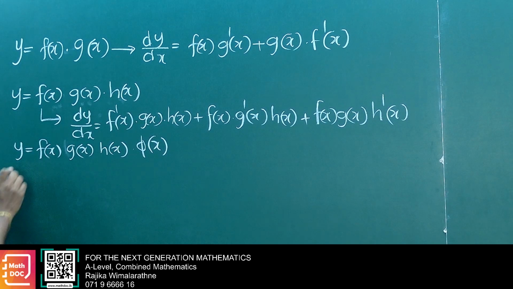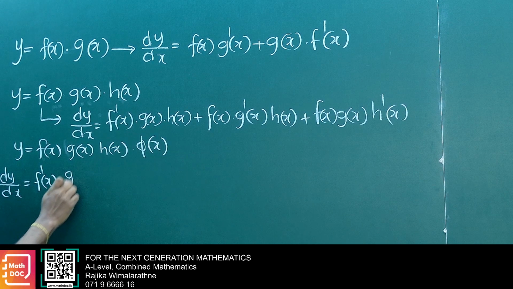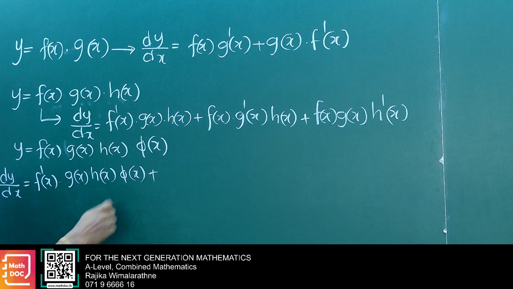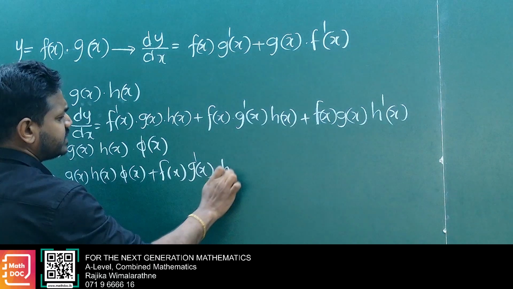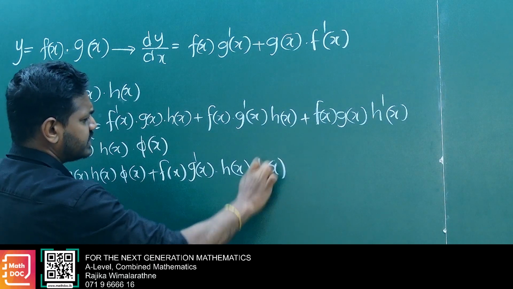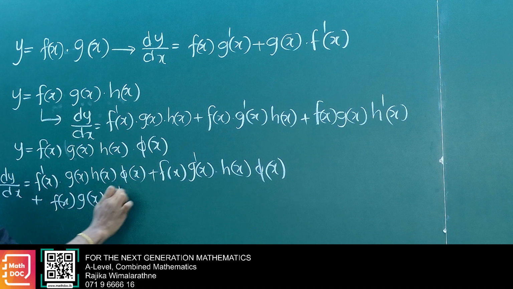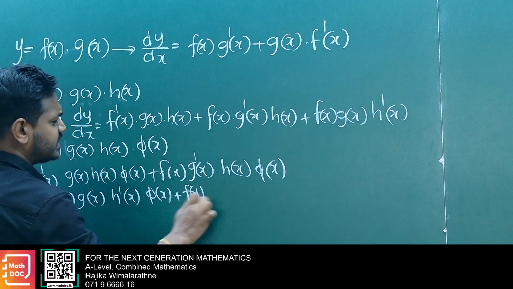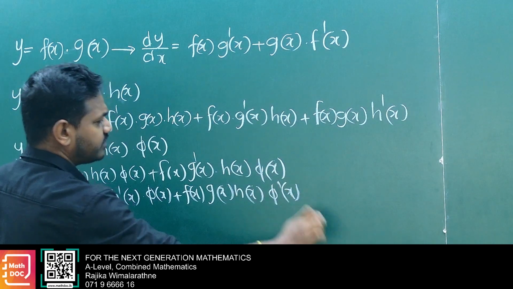Then you write dy by dx: take f dash x and multiply the other three, g(x) h(x) pi(x), plus f(x) g dash x h(x) pi(x), plus f(x) g(x) h dash x pi(x), plus f(x) g(x) h(x) pi dash x.